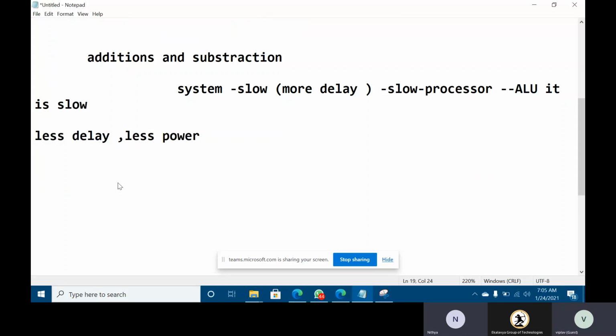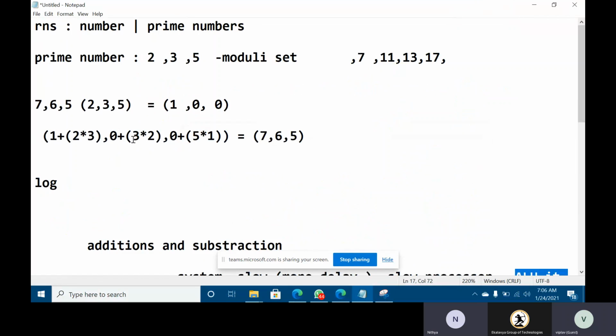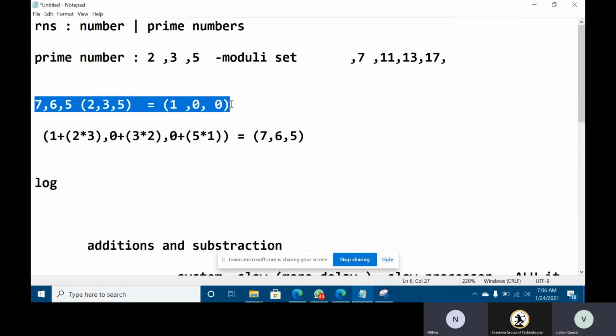So for that purpose, suppose I have used the binary system. In the binary system, you got to know that many carries are there. For every bit, a carry is generated, and whenever one carry is generated, some delay is generated. But in residue number systems, we don't have such carry generation.